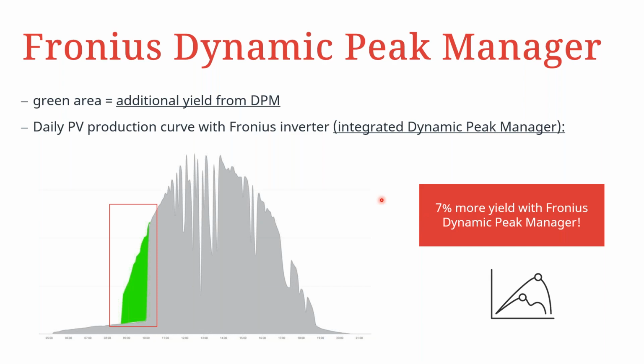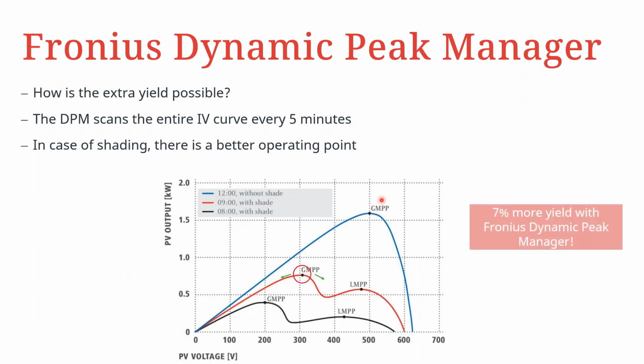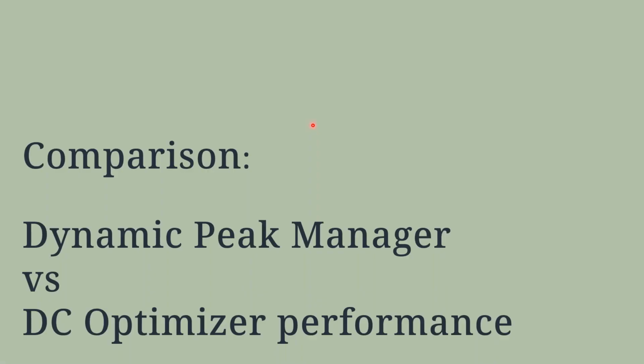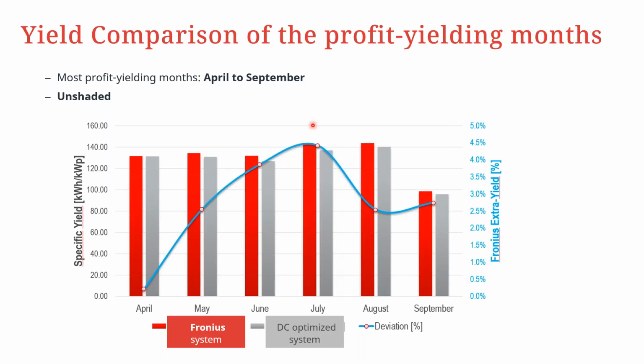So let's now do a comparison between the dynamic peak manager and a DC optimized system, or what is the performance comparison between the dynamic peak manager and a DC optimizer. To do this, we have a scenario with what you would consider the profit yielding months in some places, which would be April to September, and this would be in unshaded conditions.